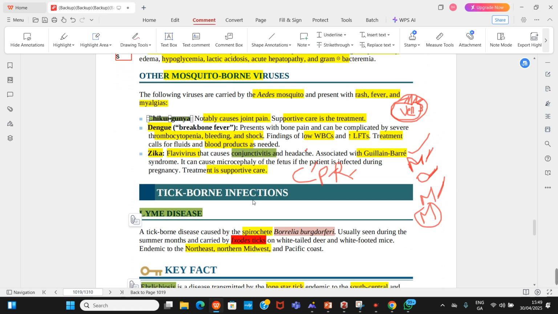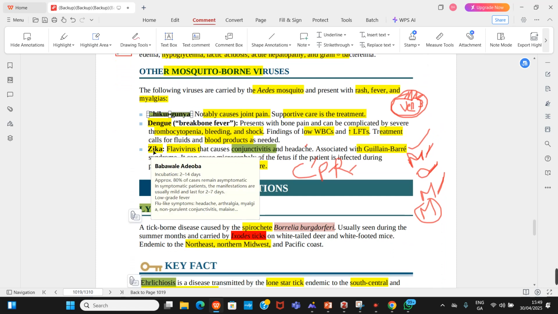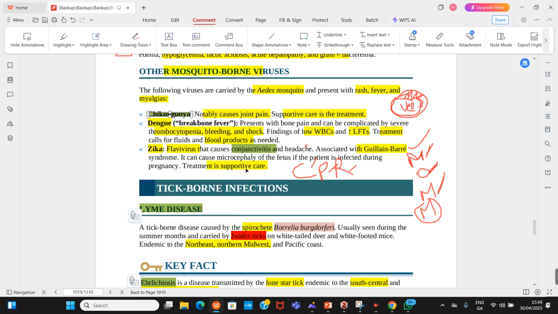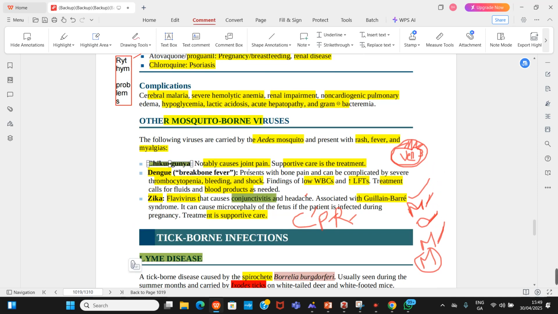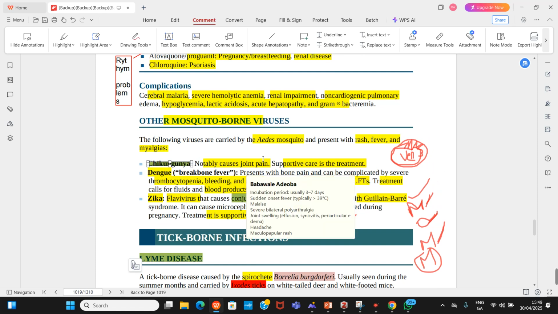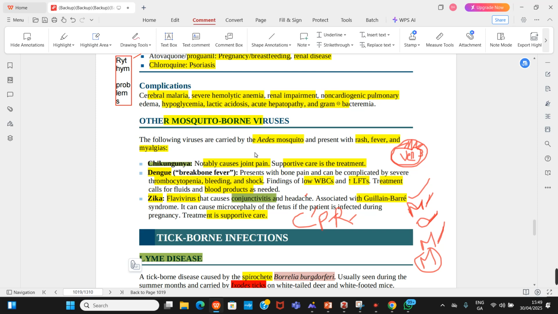Somebody wants to ask a question. Yes, please. I got a little confused. What if they had put both of them, dengue and chikungunya? I think the answer will still be chikungunya, because people with dengue, most of the time, are going to have bleeding problems.